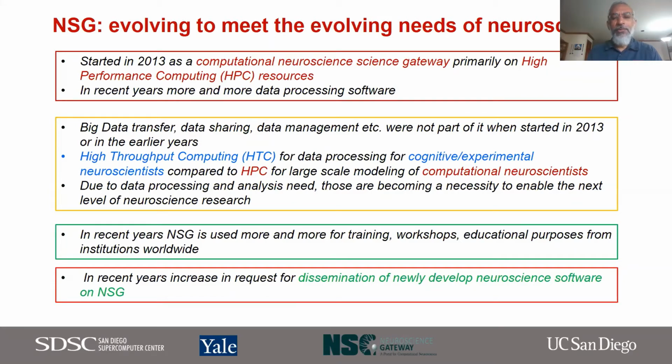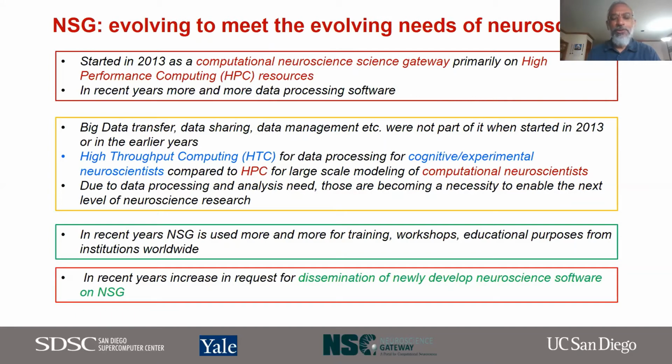But over time, more and more cognitive neuroscientists and experimental neuroscientists started using NSG, and they process lots of data, but in a single core or single node. Hence, high throughput computing is what is needed for them, more than the high performance computing needed for computational neuroscientists, as well as various large data transfer, data sharing, and data access by multiple users.